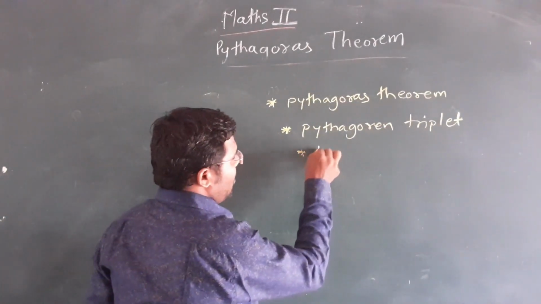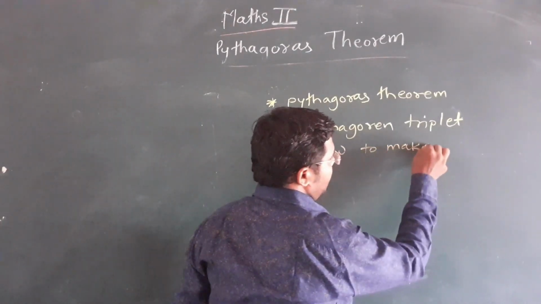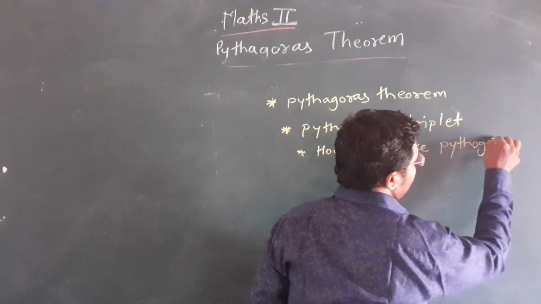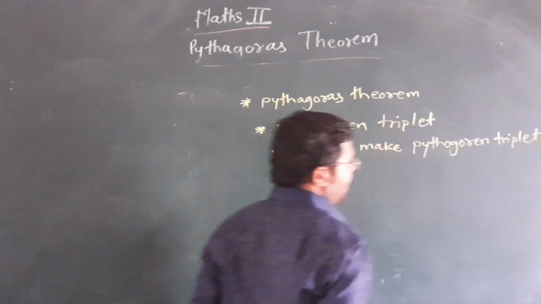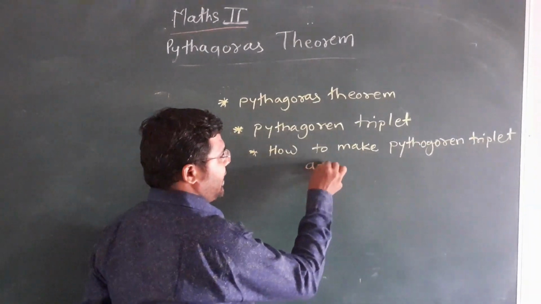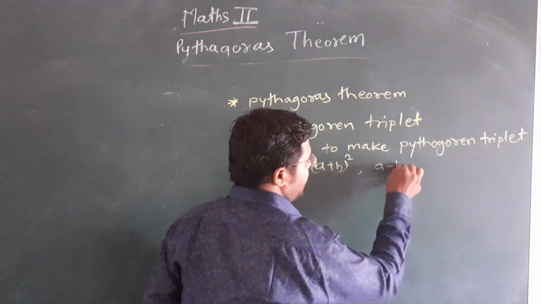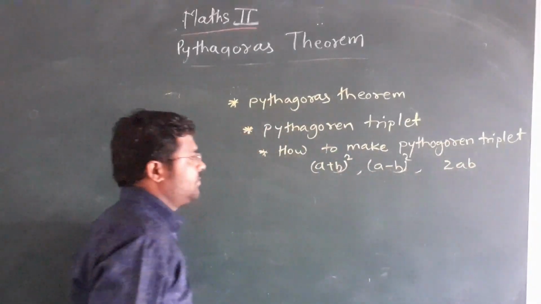Another one: how to make a Pythagorean triplet? By using the formulas a plus b square, a minus b square, and 2a.